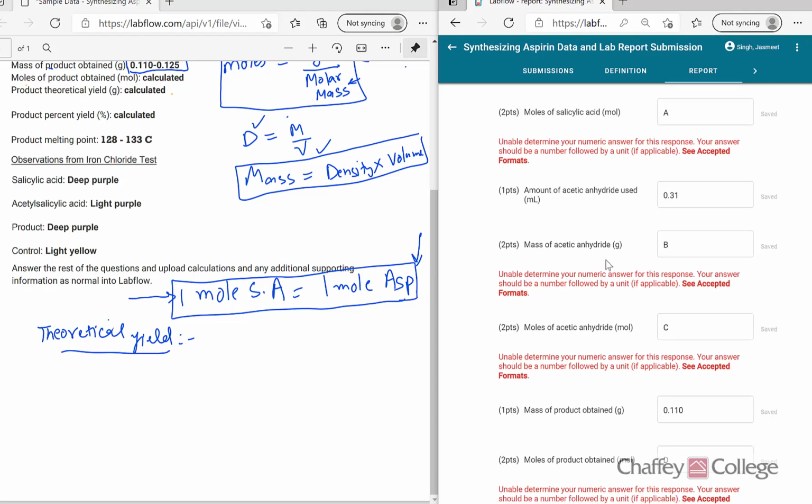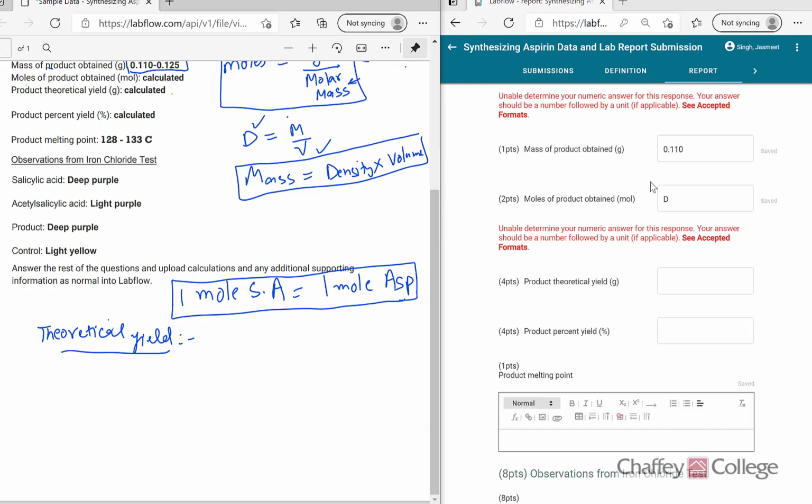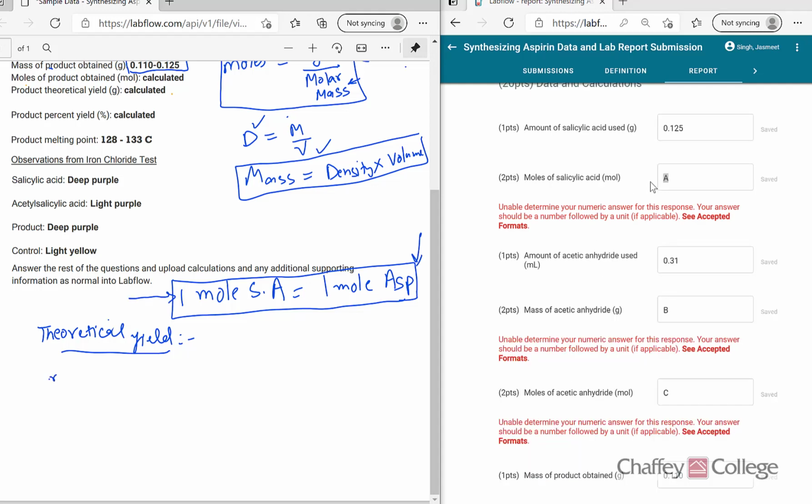So how many moles do we start with? The moles of salicylic acid which was taken in the beginning of the reaction, in my case is A, in your case will be some number. That's the number of moles we started with.